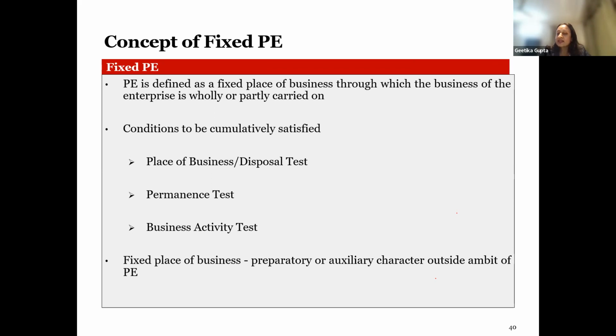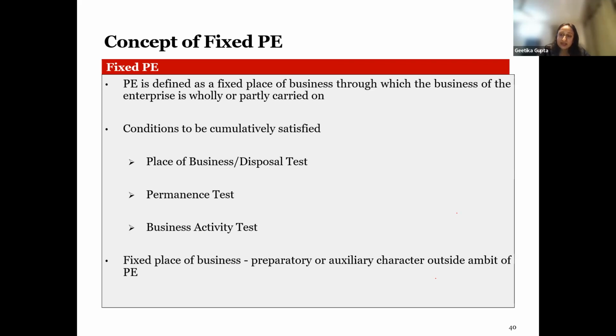So as per international tax commentaries and the principles which have been enunciated by the Indian judiciary, the three conditions that need to be cumulatively satisfied for a foreign company to constitute PE in India are as below. First is the place of business or disposal test.